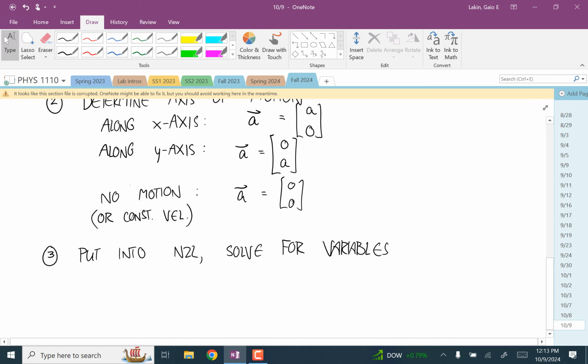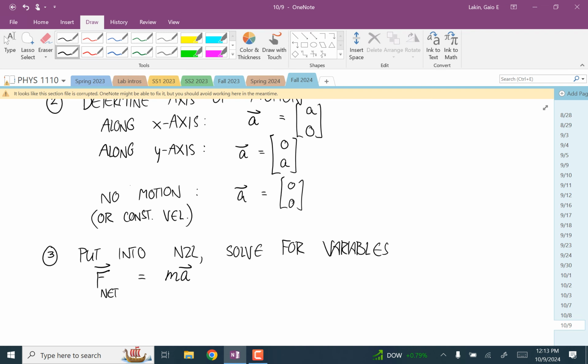And remember, what Newton's second law says is that you add up all the forces on the body, that's F net, all those force vectors, and set that equal to the object's mass times its acceleration vector. Okay, so now I'm just going to do a bunch of examples.